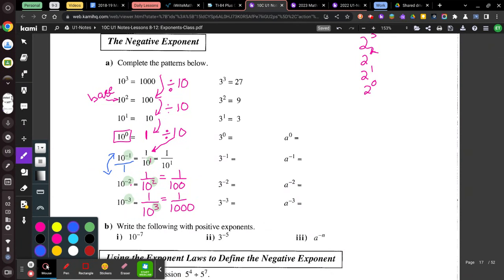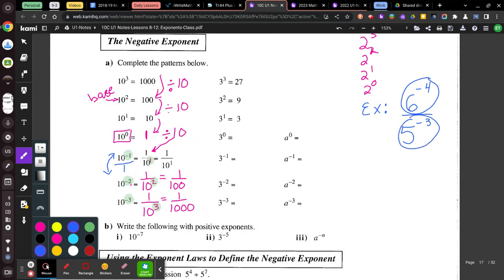So for example, if I extend this and I tell you I've got 6 to the negative 4 on top of 5 to the negative 3. Each of them is negative. When I flip them and change their positions, they will each turn positive. So this whole thing is going to trade places with that whole thing.